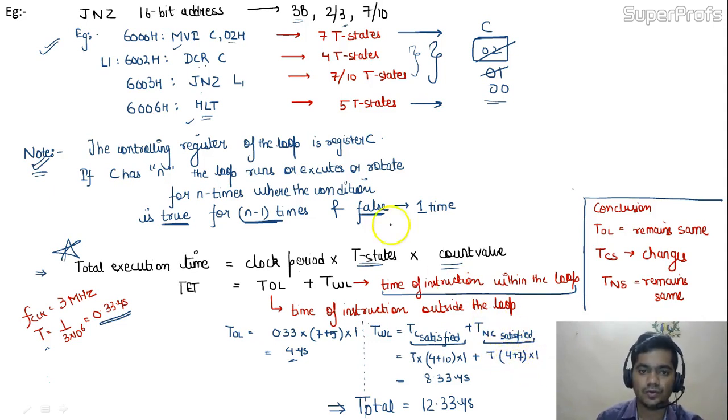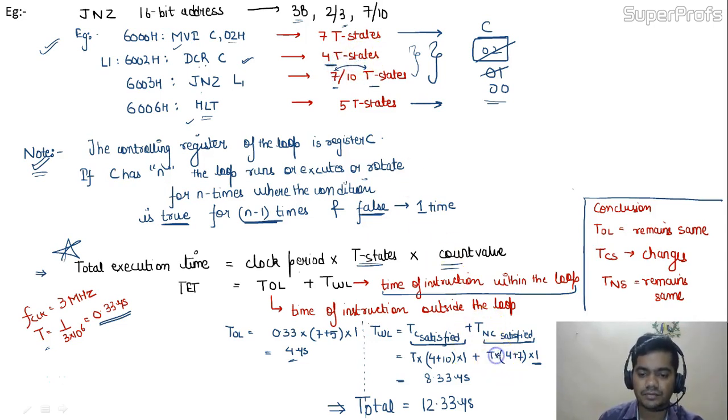Therefore its count value is 1, and the T states for the false case are 4 T states for DCR and 7 T states for the jump instruction, because 7 T states are required for the false condition.